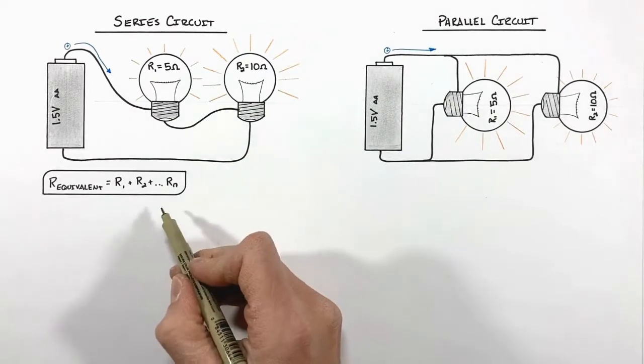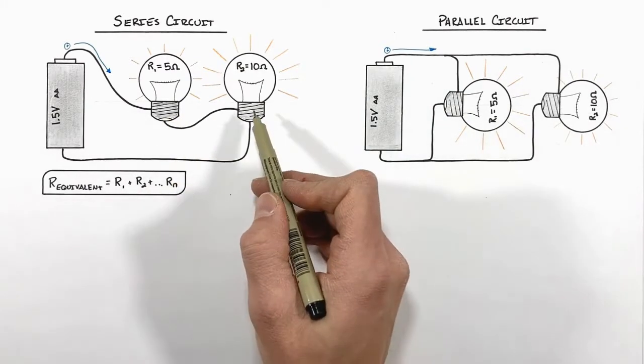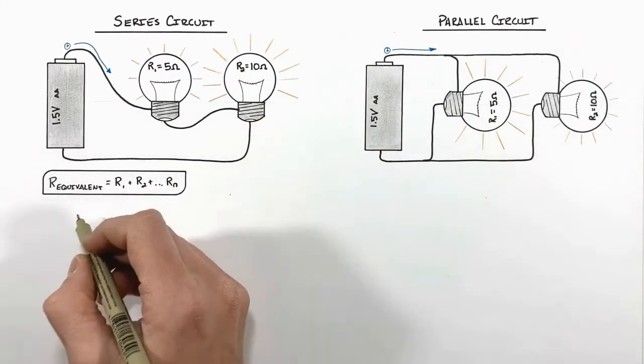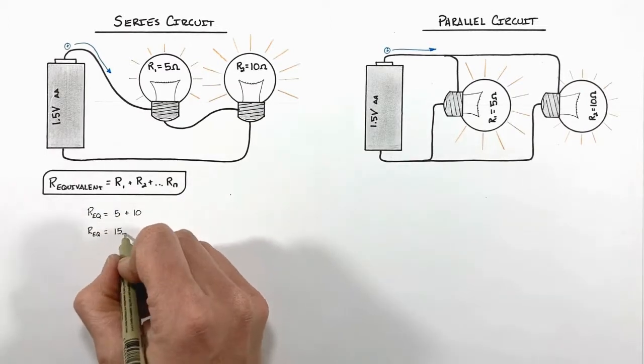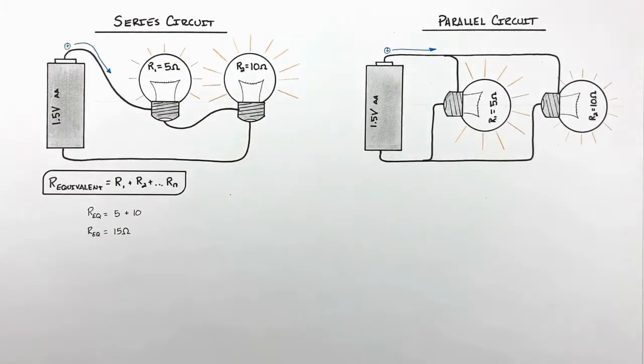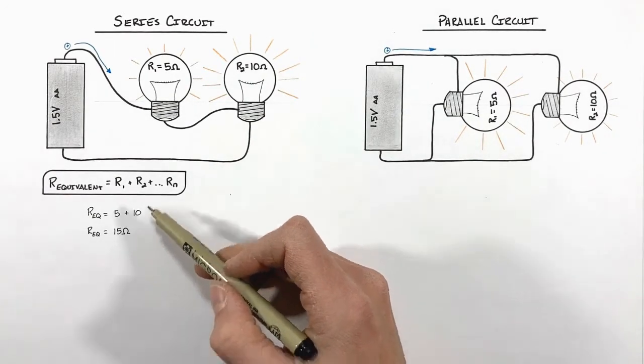So really the equivalent resistance in a series circuit is nothing other than the sum of all of the resistances, which in this case is 15 ohms.